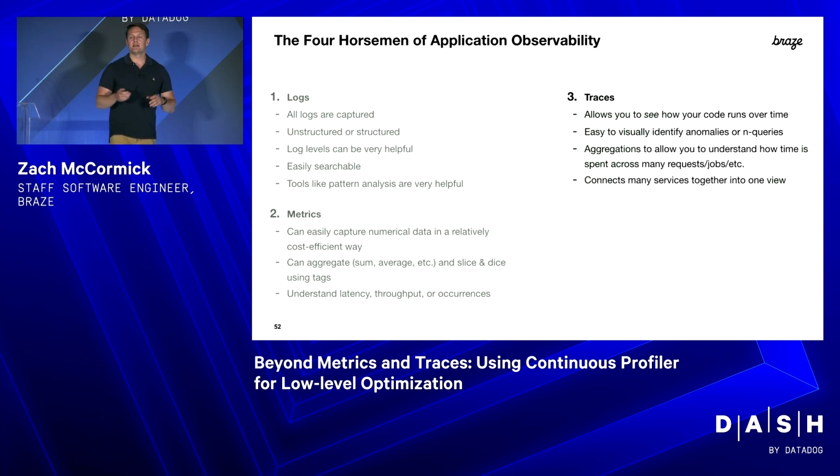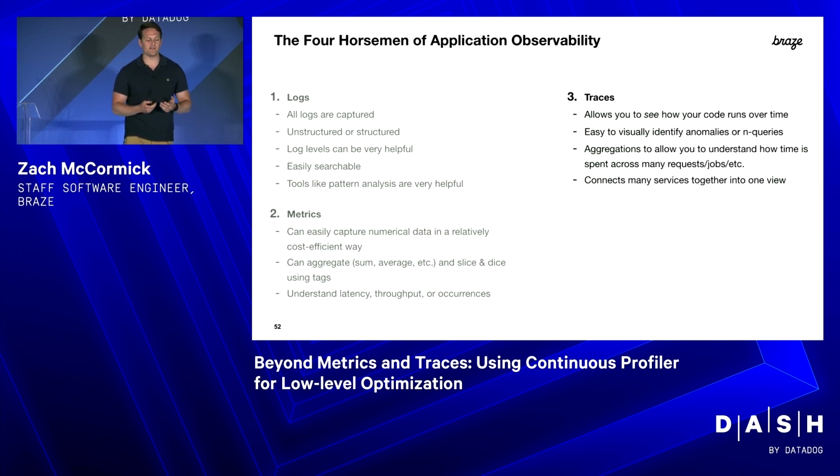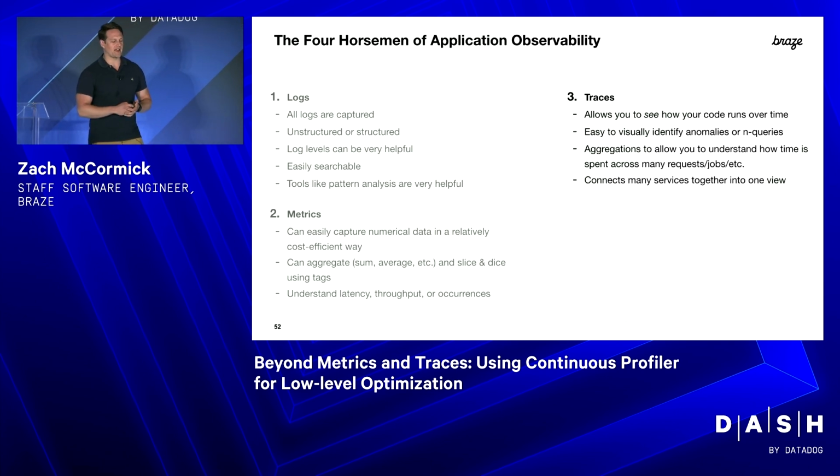Traces, on the other hand, and especially with some of the dynamic instrumentation features in Datadog for some of the runtimes, allow for more of an approach that doesn't require you to do as much work. And so it allows you to easily see how your code is running over time. It gives you those lovely graphs where you can see all of the spans when you're calling into your database to get some data, or you're using your cache to put or pull data from there.